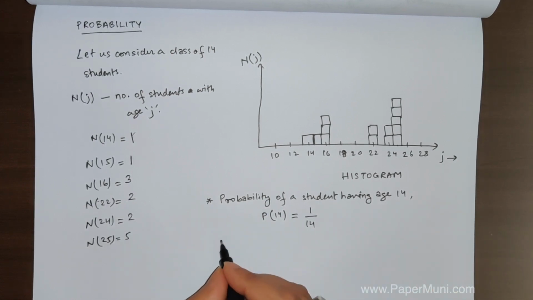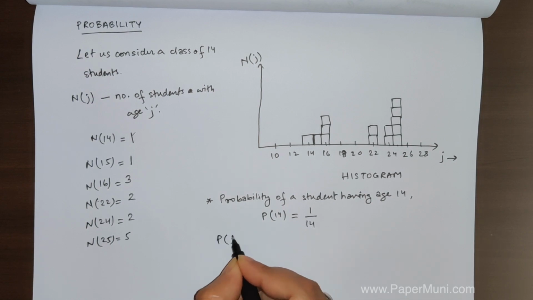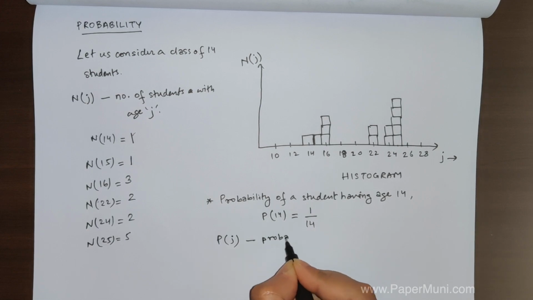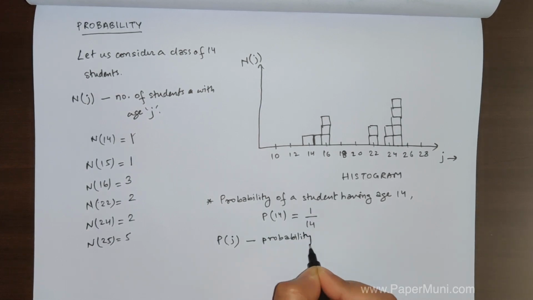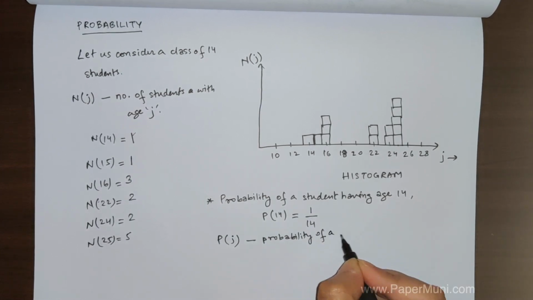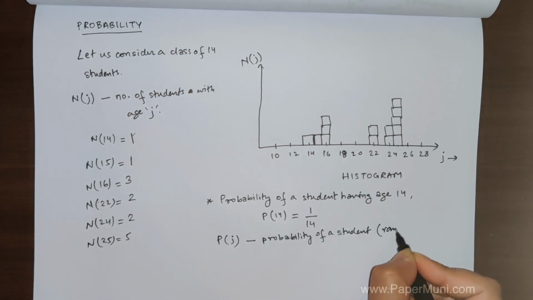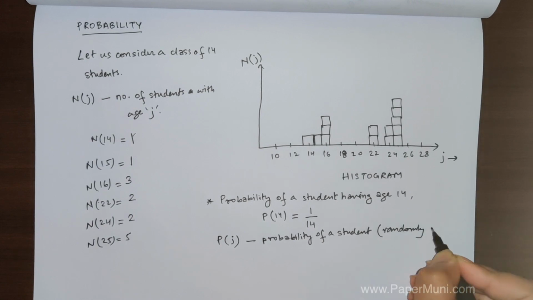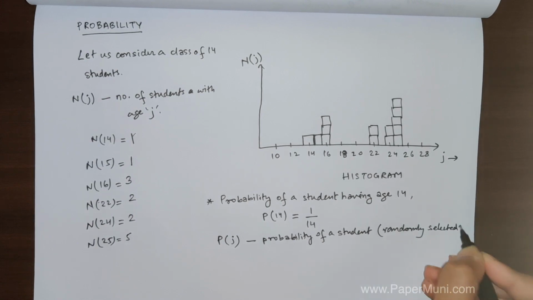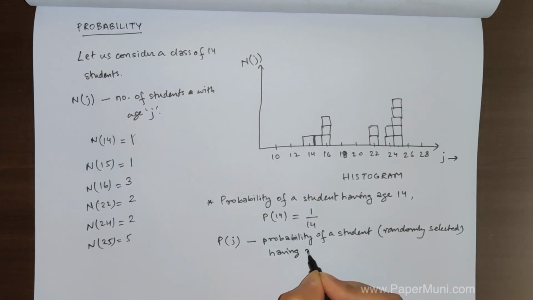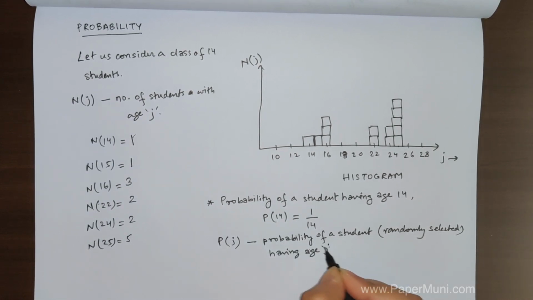So basically, Pj gives us the probability that a randomly selected student has age j. This is the definition.